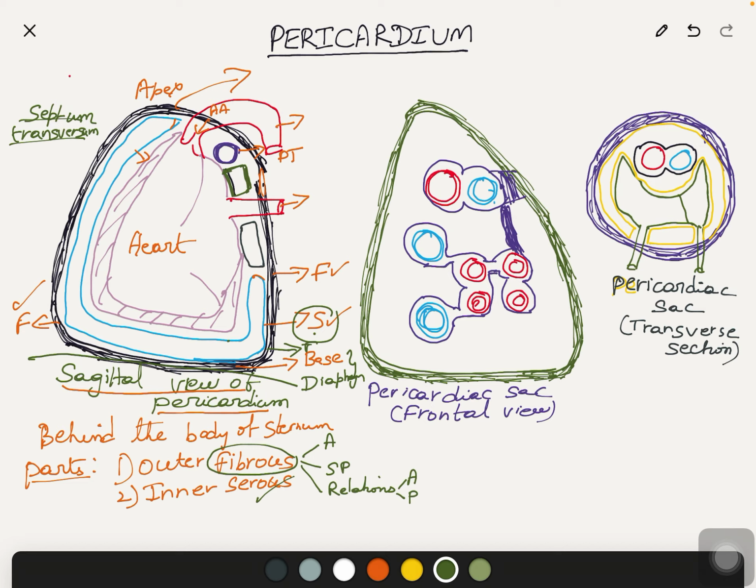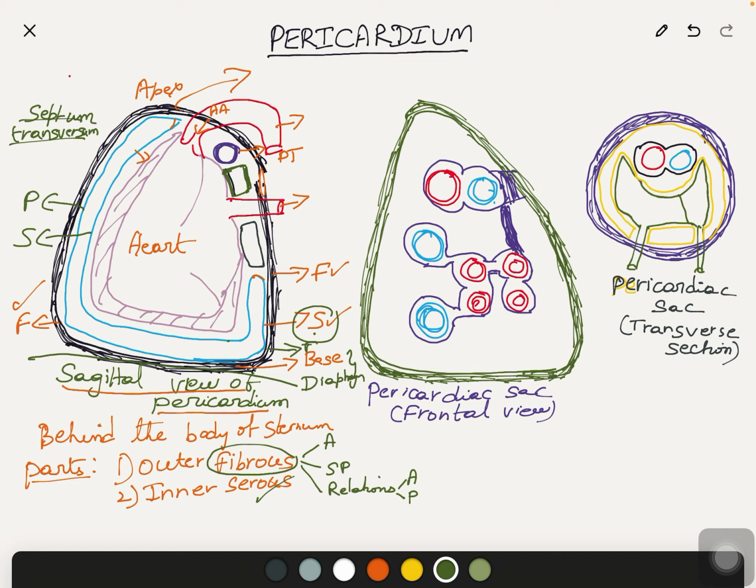Serous pericardium consists of 2 layers, same like our pleura, which we have learnt in the pleural class. We have learnt outer parietal. So this is the parietal layer of serous pericardium, and this is the inner visceral layer. So there are 2 layers.